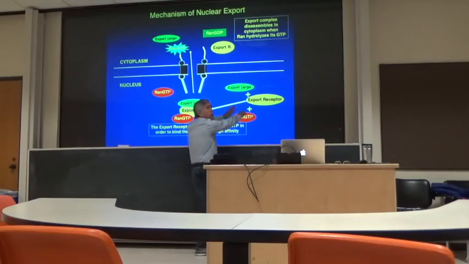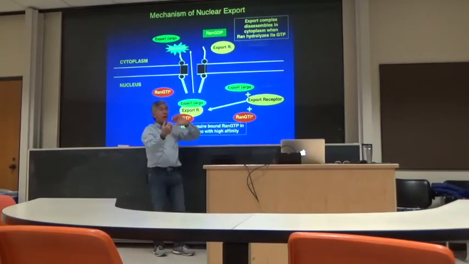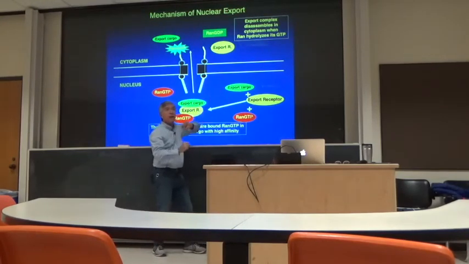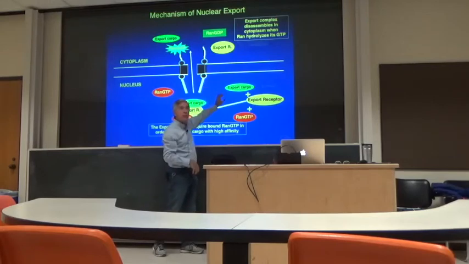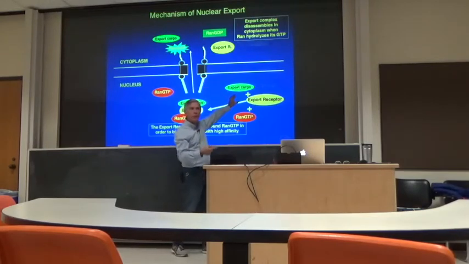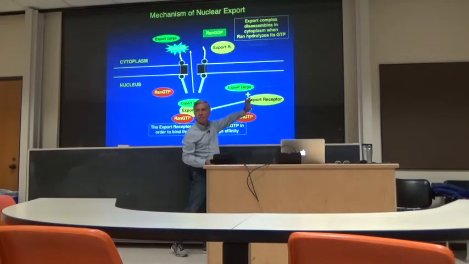Is it going to kind of block this interaction? Possible, right? I love that as an exam question. What do people think? Would a RAN GDP that hasn't yet been turned into GTP-bound RAN mess the works here? Not, why not? Would you care to comment?